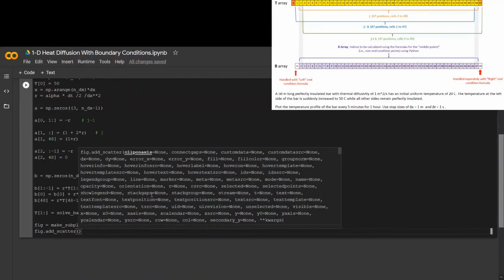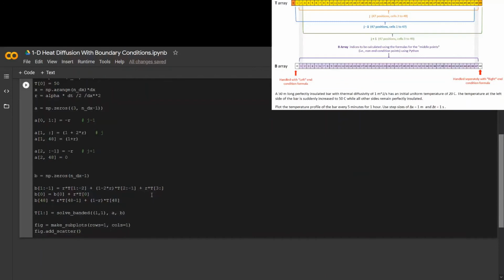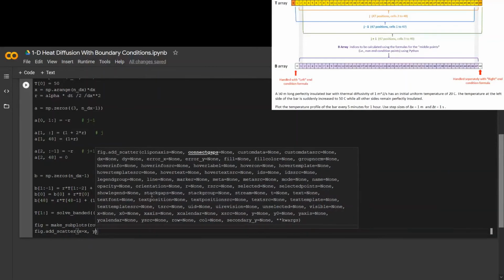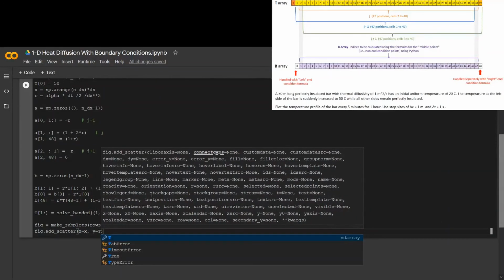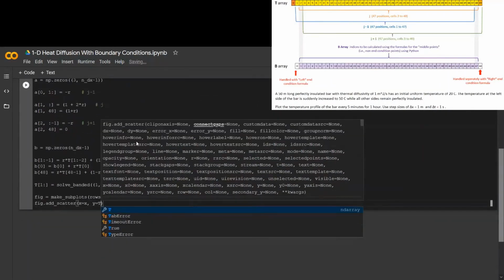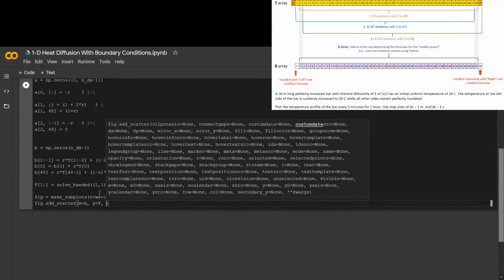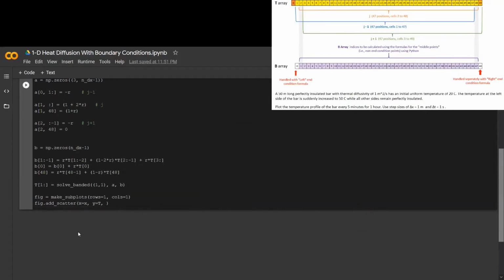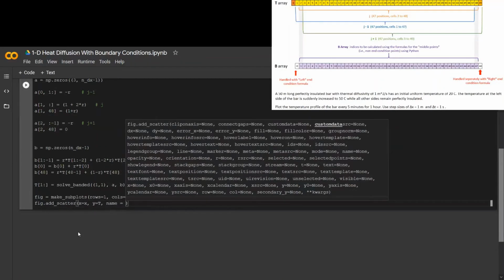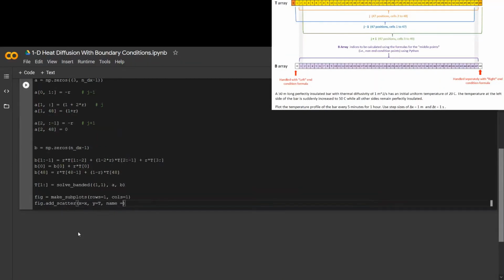Scatter. Clip on axis. Right, this is why we made the X originally up there, because we have to plot, right, and that's our y-axis, and name. How does that work?